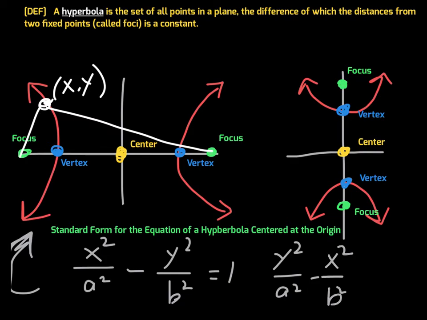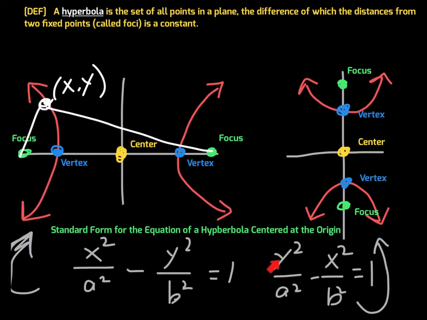Do you notice the difference? The only difference is that the y term comes first. If the y term comes first in your equation, then this is the equation for a hyperbola opening up and down. It's that simple, ladies and gentlemen. What term comes first in your equation? X comes first? Okay, then that means you have a hyperbola opening left and right.